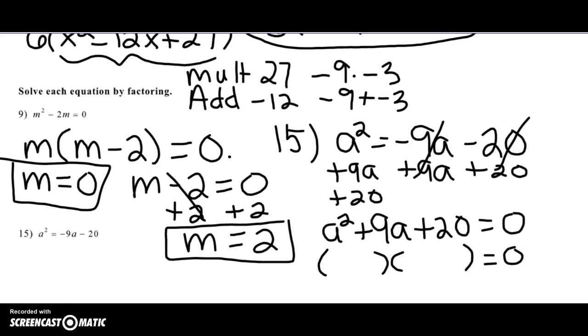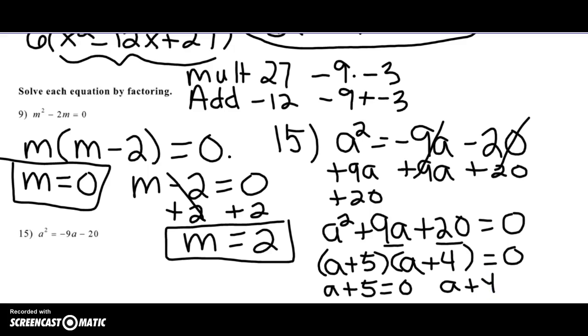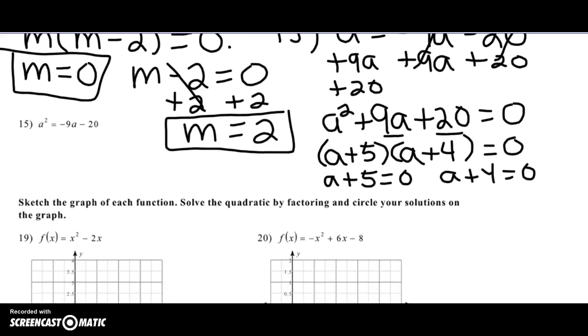And I see when I factor it, a times a gives me a squared. That's the easy part. Now two numbers that multiply to 20 and add to 9 are positive 5 and positive 4. And then now I'm ready to set each of these equal to 0, and I get my solutions.